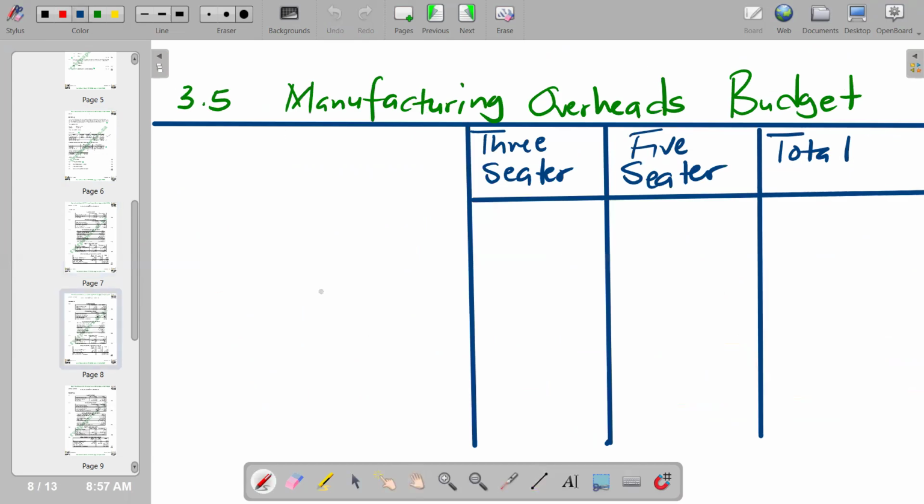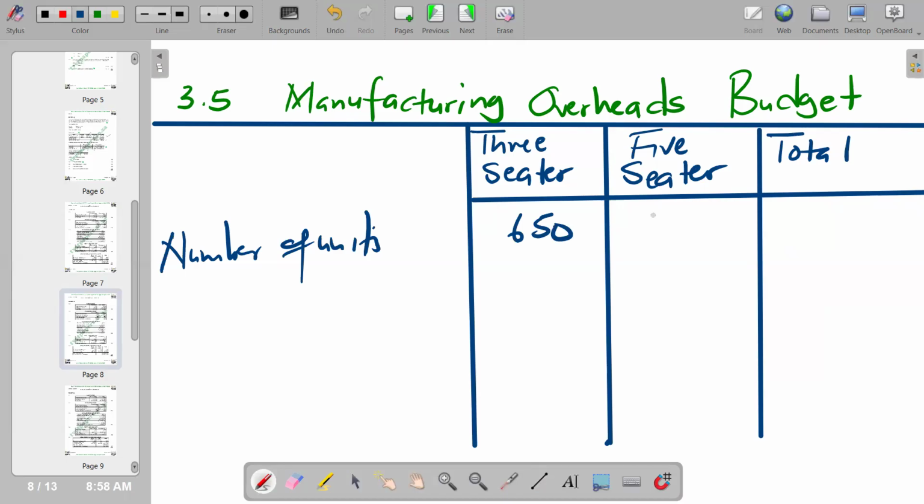On manufacturing overheads budget, you are having columns for 3-seater, 5-seater, and then the total column. So it starts with number of units to be produced. Remember, we did refer to this several times. So 3-seater, remember, is 650.